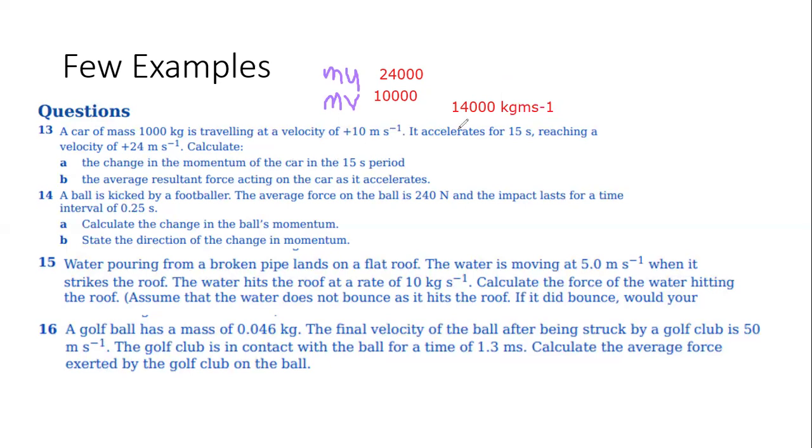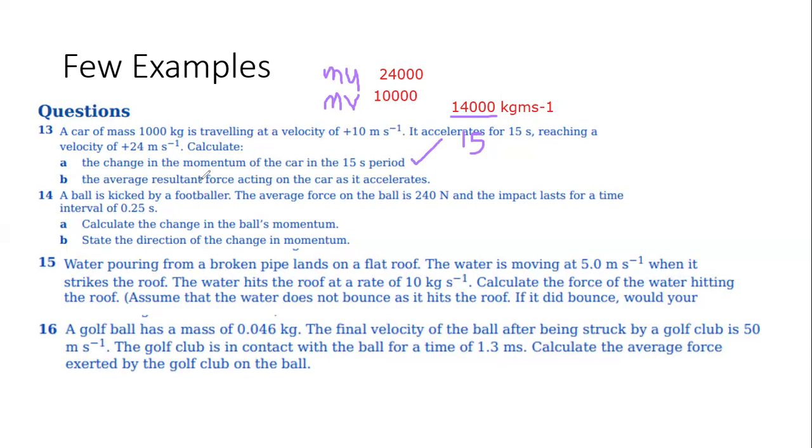If they're asking within the 15-second period, I have to divide it by the 15 seconds as well, right? So which basically take it as an acceleration. So 14,000 divided by 15, which will give the answer for this one. Yes, it gives the acceleration value, minus 2.